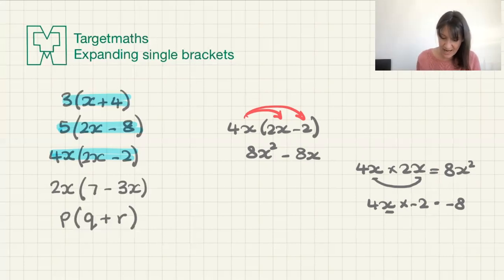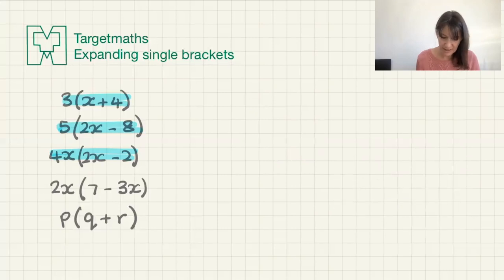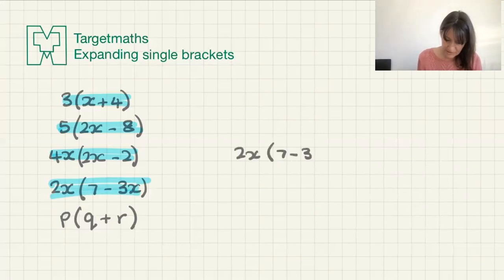Okay, the next question that we are looking at is this one here. So we've got 2x times 7 minus 3x. Now, this is just an example of how we need to trust in our method. We are taught methods for a reason, because they work. So when the questions are starting to change a little bit, we must have faith, okay?